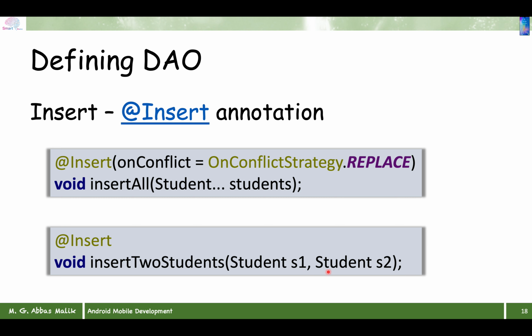We can also have two different objects and insert two students. So we have different ways, and we are only passing the header of that specific method. We are not giving how it's going to be implemented. We are not writing the insert queries or which table and so on. That will be handled automatically by the Room architecture.